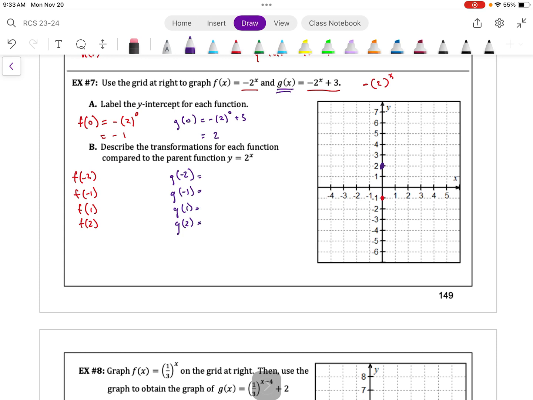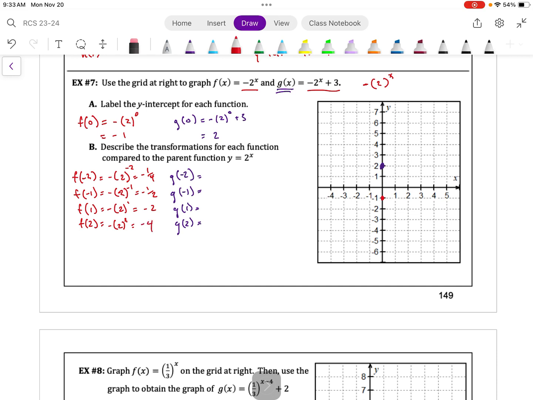Let's start with the f function. f of negative 2 is negative times 2 to the negative 2, that's going to go to negative 1/4. Then 2 to the negative 1 is going to be negative 1/2. Then this is going to be negative 2, and this is going to be negative 4.